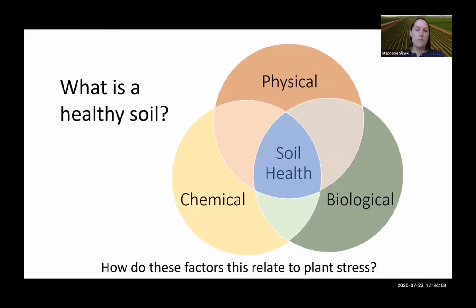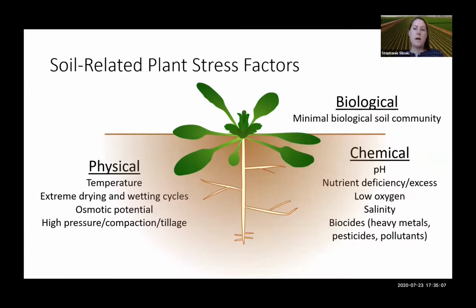I want to remind you of these so I can introduce you to some factors that contribute to plant stress. So here are some examples of those physical, chemical, and biological stressors. It's important to understand that those physical and chemical stressors will also have a negative effect on the biological aspect of soil health.